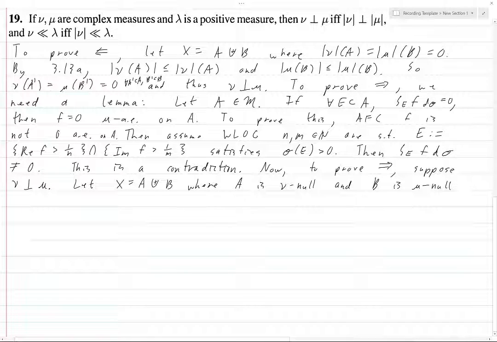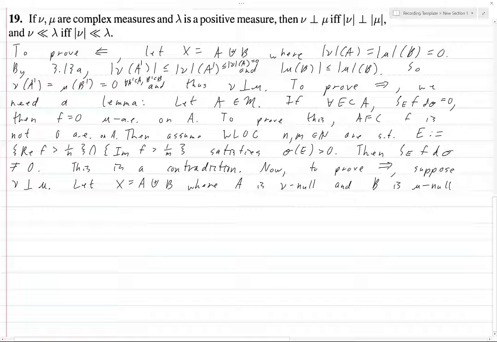But to see that this is equal to 0, this is actually pretty straightforward, because for the absolute value of nu, we look at the absolute value of nu of A prime, which is less than or equal to the total variation of nu of A prime, and this is a positive measure, so here we can do this, but that's equal to 0.